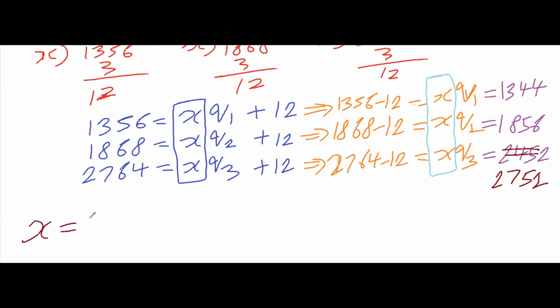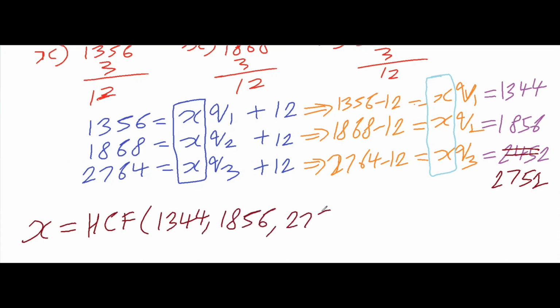So the HCF, highest common factor, of 1344, 1856 and 2752, whatever you get, will be the value of x.